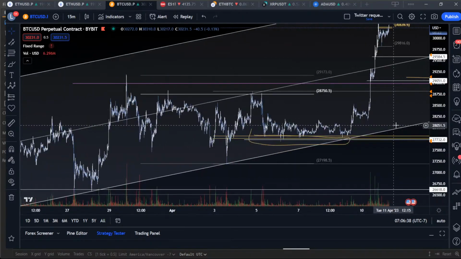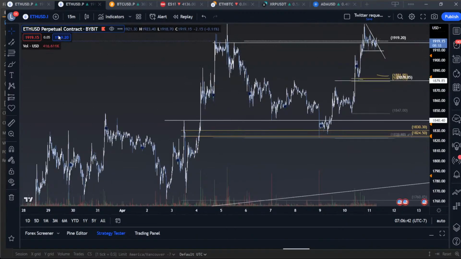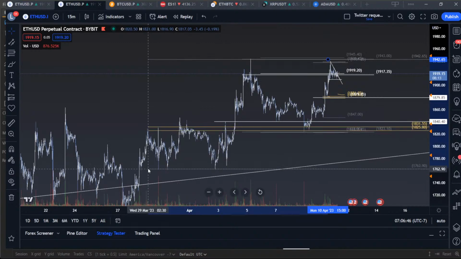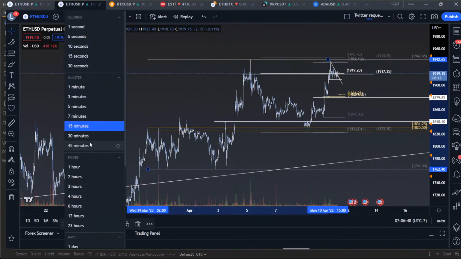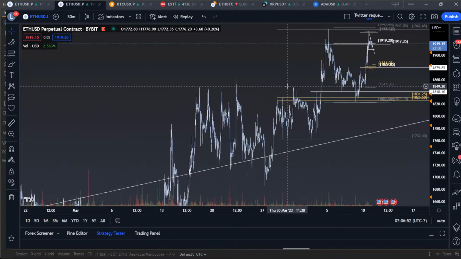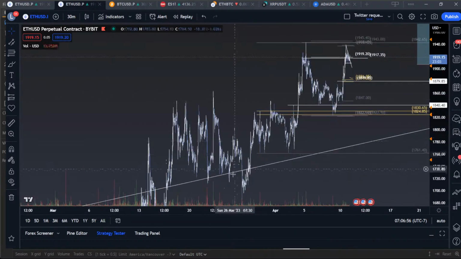Someone asked, from where do you draw the fib for the ETH long? So I presume you're talking about this one. Well, this is just from these lows. So let's go to the 30-minute chart. We had an impulse, a high, a retracement. So from this low to this high, you have the fib there.